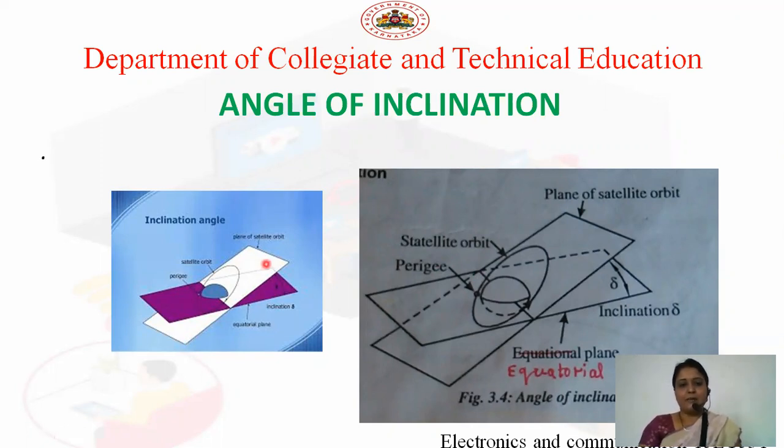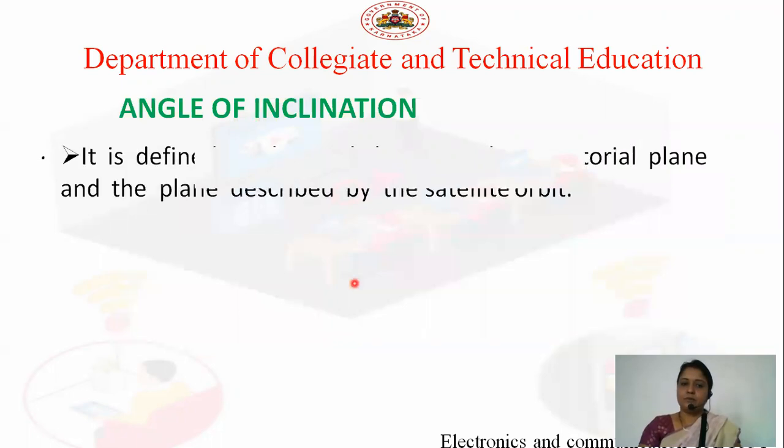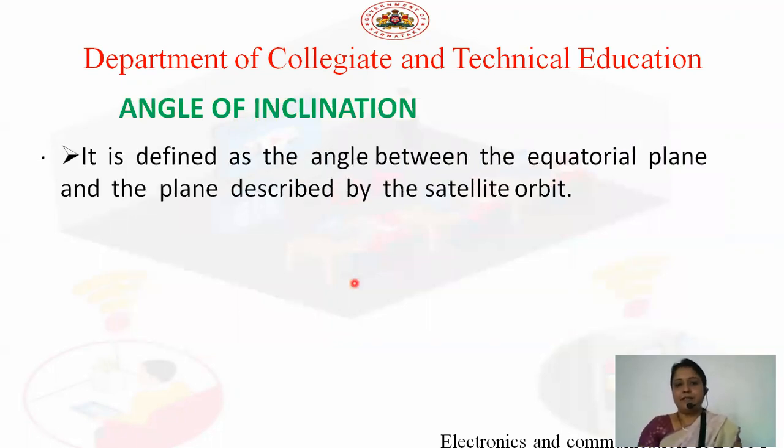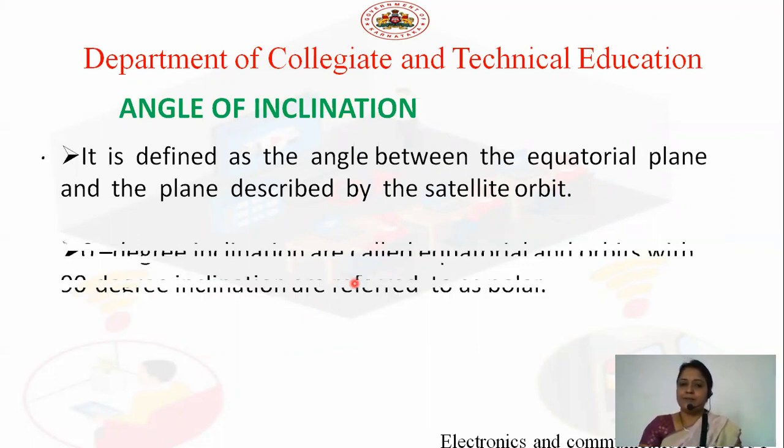Therefore, the angle between these two planes represents the angle of inclination. It is defined as the angle between the equatorial plane and the plane described by the satellite orbit.